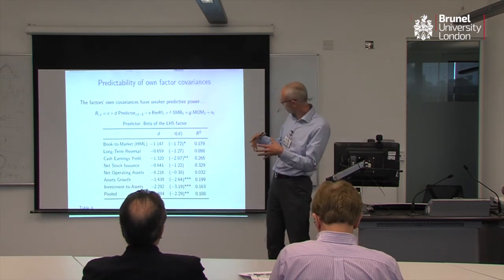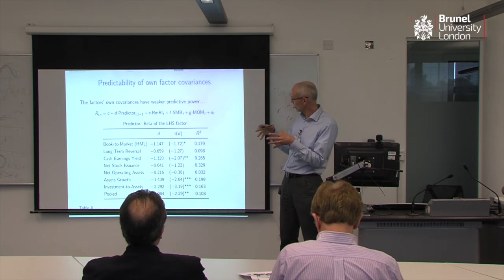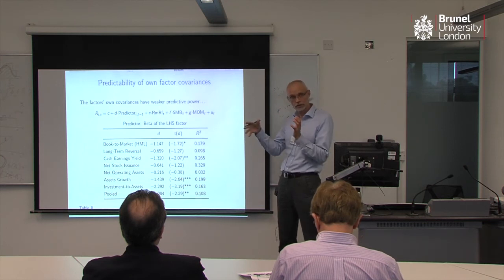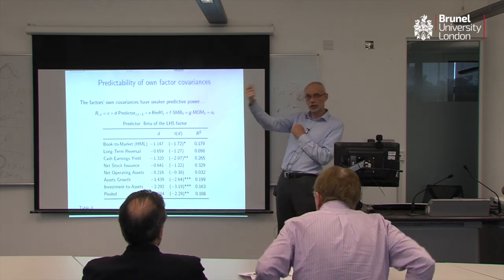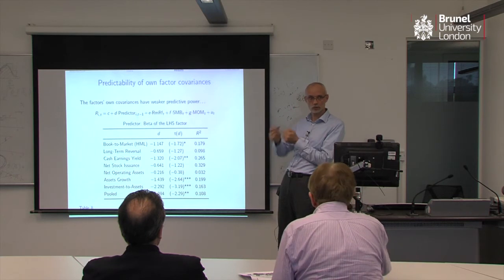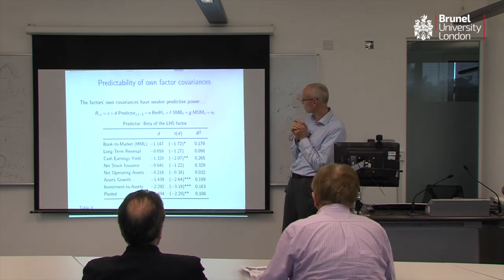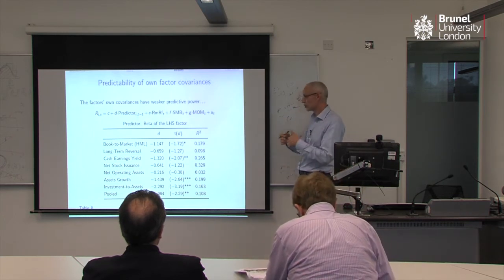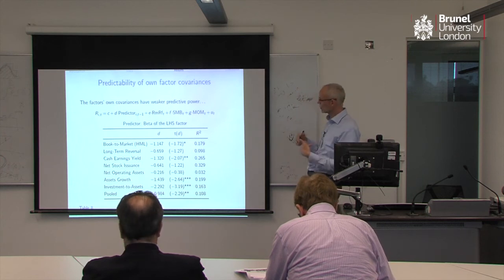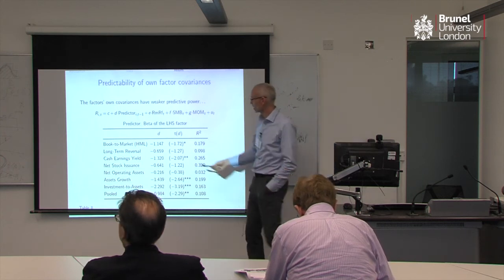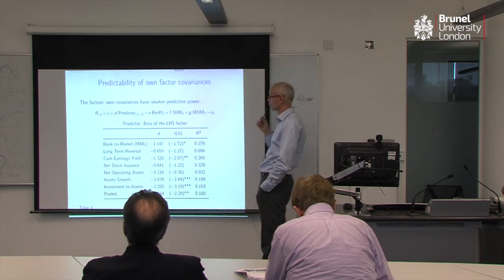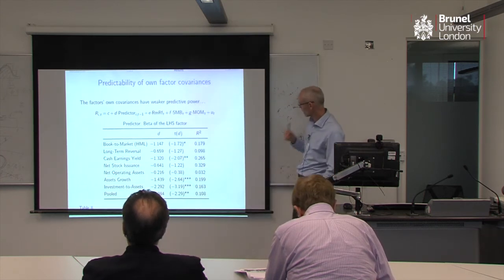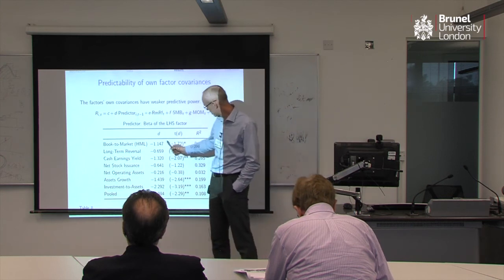I'm computing a beta measure across the 7 factors, taking the averages for the betas, and I'm using that average to predict the individual factors, as well as the composite of the factors. If you just run the same exercise with the individual factor, namely using the past beta of the book to market to predict its future return, in fact, we have limited success.